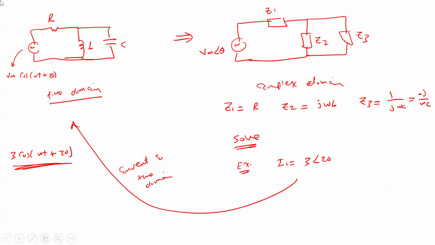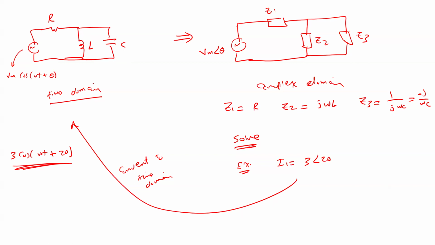This is because if the source is sinusoidal, then for sure every voltage and every current, everywhere, will also be sinusoidal with the same frequency. That's what you should understand. If the input has a certain frequency, the voltage or current you calculate anywhere will have the same frequency.